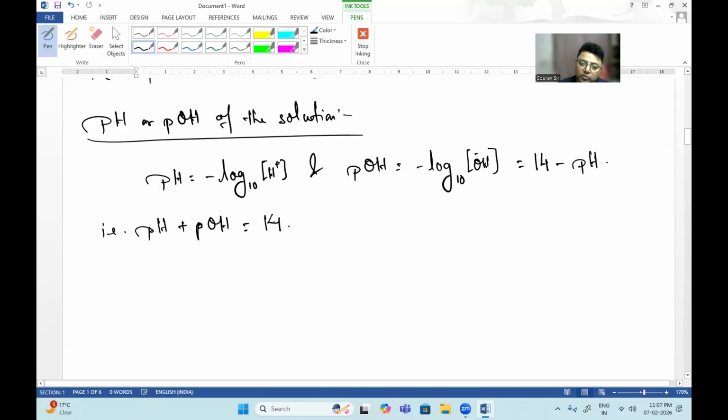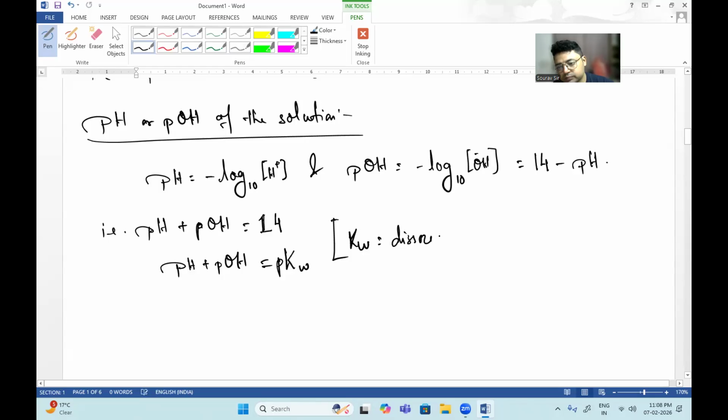Okay, this 14 looks like some type of Ki, but it will be 14. This pH plus pOH can also be written as pKw. That means Kw is the dissociation constant of water. Kw equals 10 to the power negative 14.